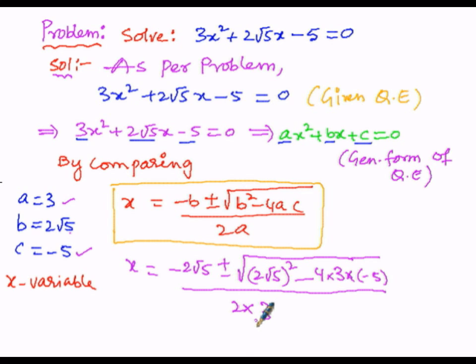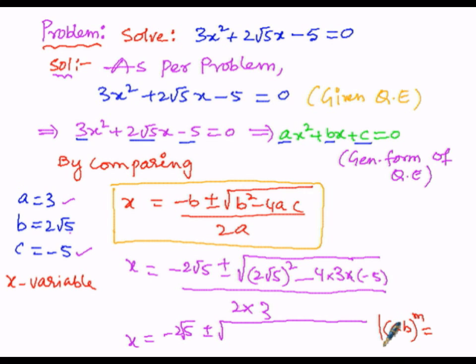The next logical step will be, so here x equals to minus 2 root 5 plus or minus root of, square is applicable for both, that is 2 as well as root of 5. So, it is in the form of ab whole power m, but in its expansion, this exponent m is applicable for both.